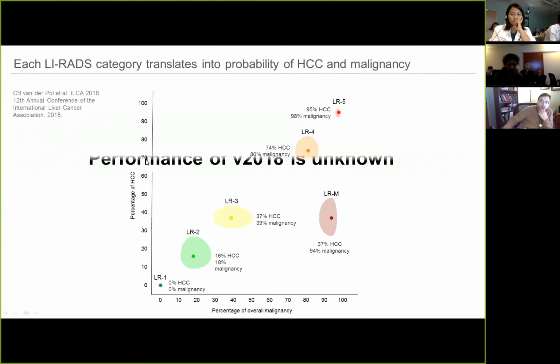The only problem is that it's based on the 2014 and 2017 criteria. So we don't know how 2018 is going to affect these categories and their probability of HCC and malignancy. We expect that there's going to be some slight drop in specificity because we're making the criteria slightly less stringent, but the sensitivity is probably going to be higher.